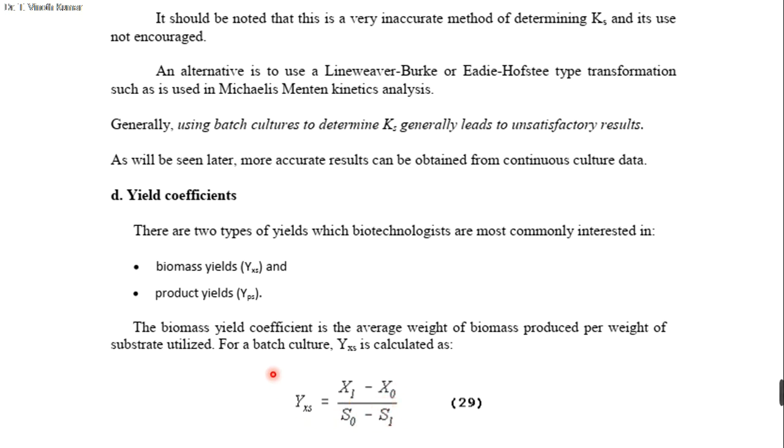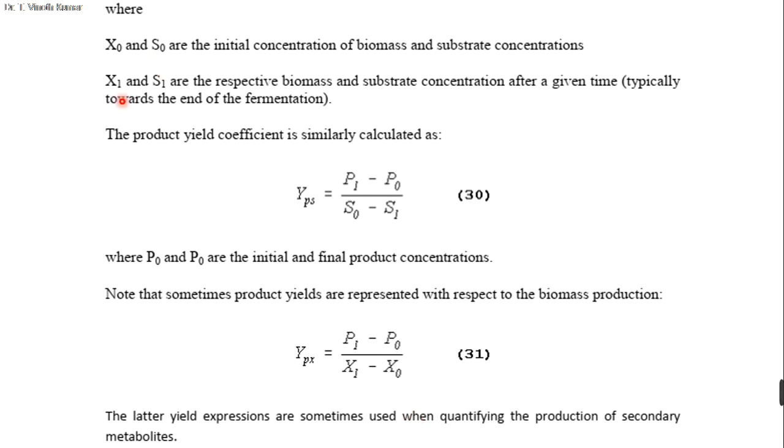This formula is very important for enzyme kinetics and also the yield coefficient related to fermentation kinetics. Y_XS is equal to X1 minus X0 divided by S0 minus S1, where X0 and S0 are the initial concentrations of biomass and substrate, as you already saw just now.